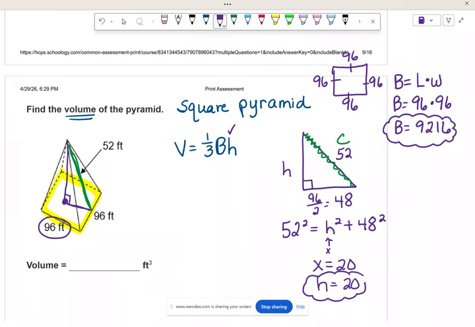We have everything that we need to come plug into our volume formula. Volume equals 1/3 times 9216 times 20. Let's go type that in Desmos and see what we get.